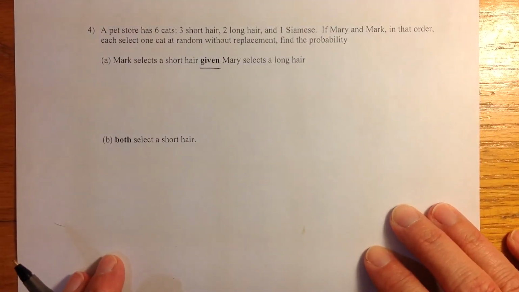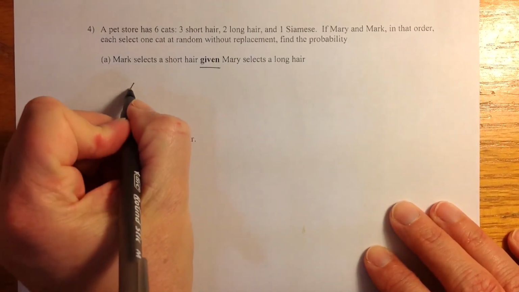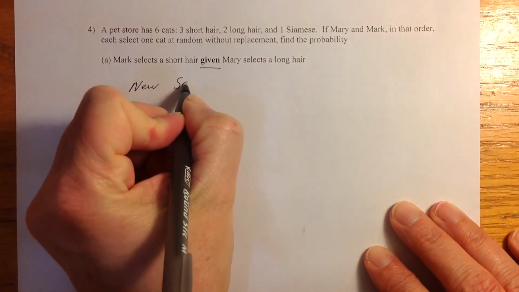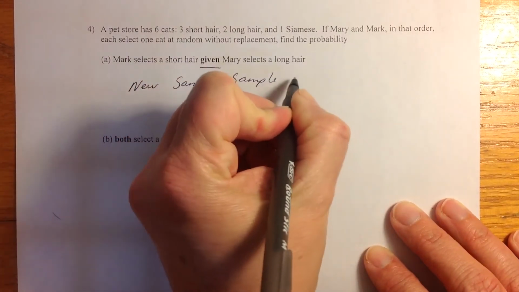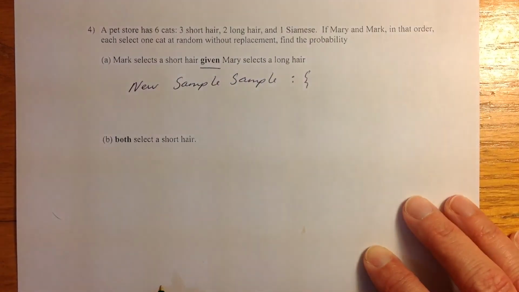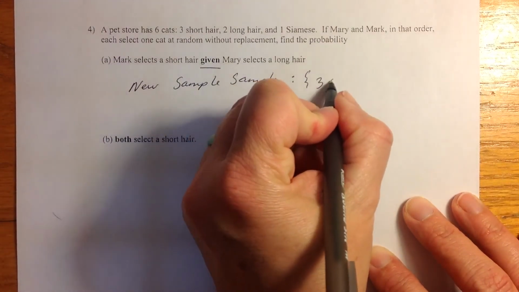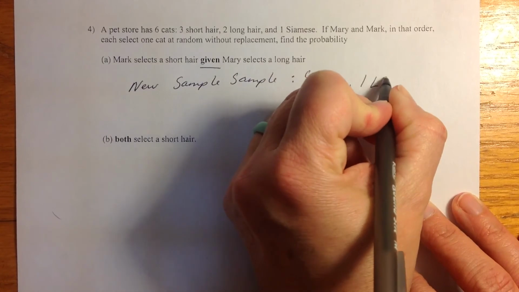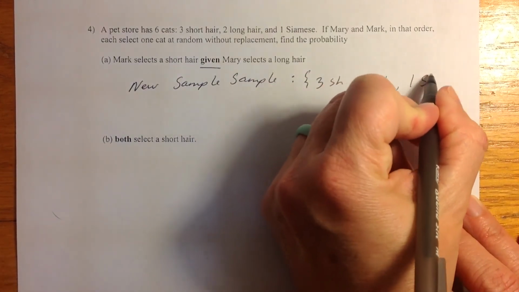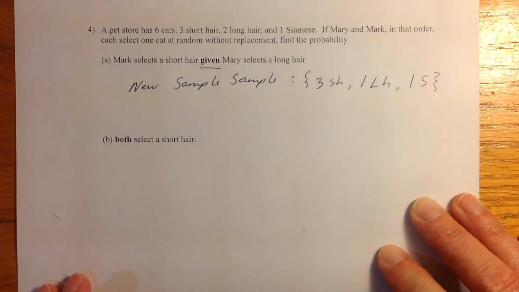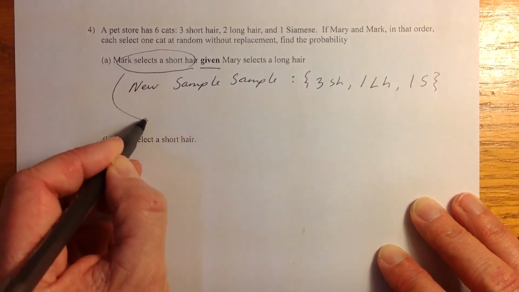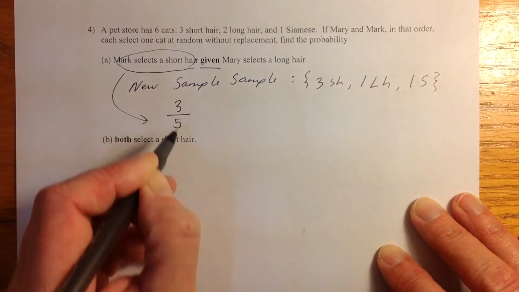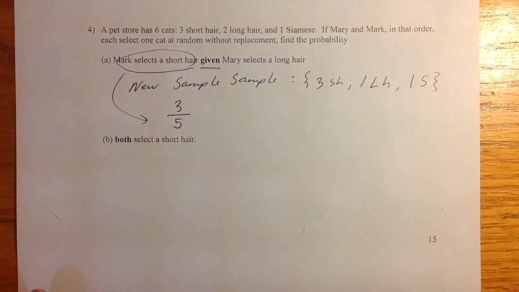That means that your new sample space has been reduced. So your new sample space is minus 1 long hair cat. So now you have 3 short hair, 1 long hair, and 1 Siamese. So the probability now that Mark selects a short hair is 3/5, not 3/6, because Mary took a cat home.